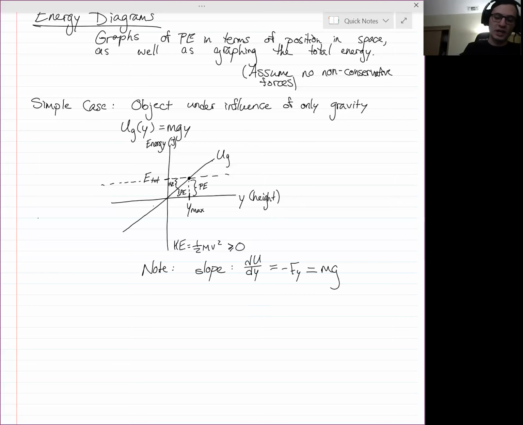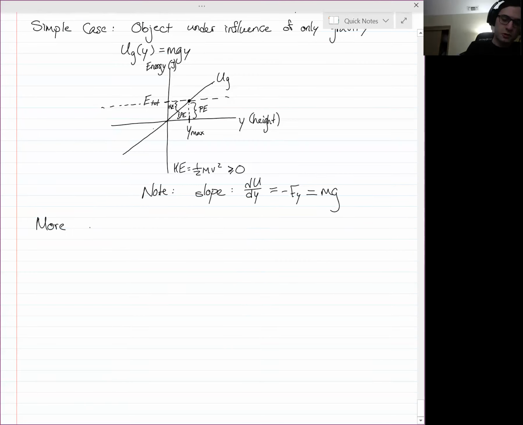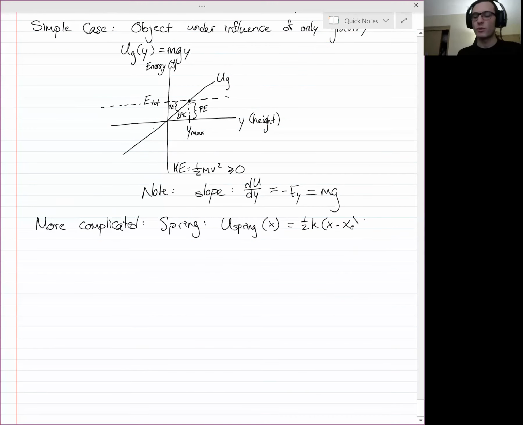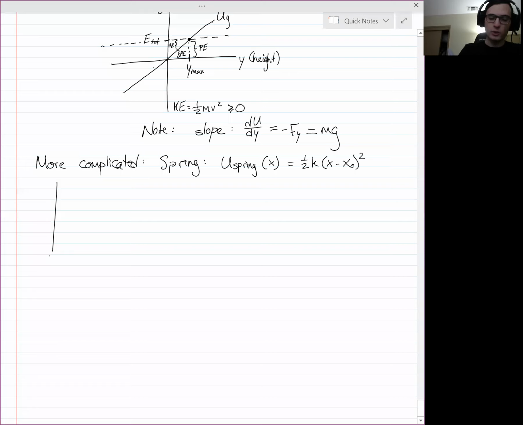So let's look at a more complicated example. Let's look at a spring. A spring has a potential energy function that you guys are familiar with. Hopefully, it's 1/2 times k times (x minus x naught) quantity squared, right? We're going to assume everything's in the x direction. So maybe we call this position x equals 0.